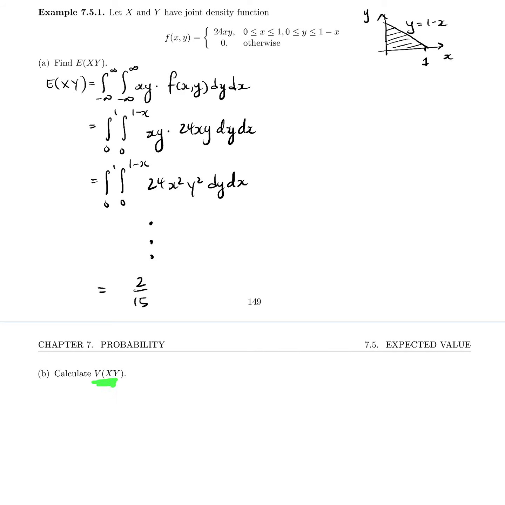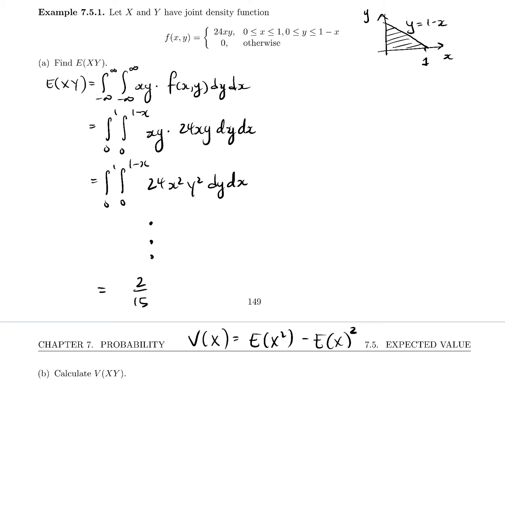What about the variance? So part B, we're asked to calculate the variance, and we've got to remember the computational formula. So if we have a single variable, V of x, well, that is the computational formula for variance: E of x squared minus E of x all squared.